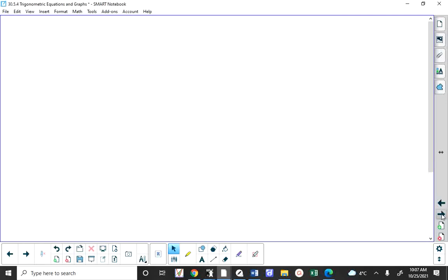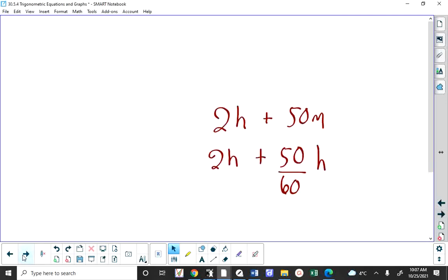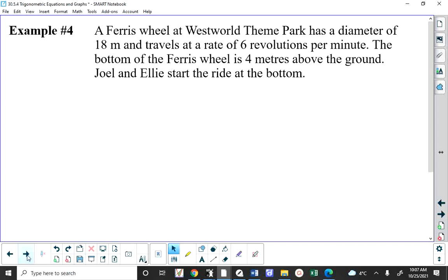All right, so now the second type of application question is one in which you have to come up with the equation. And that's all we're going to do here. We're going to come up with the equation, but you could potentially on an exam be asked further information about the function. So we have a Ferris wheel at Westworld Theme Park, and it has a diameter of 18 meters. It travels at a rate of 6 revolutions per minute.